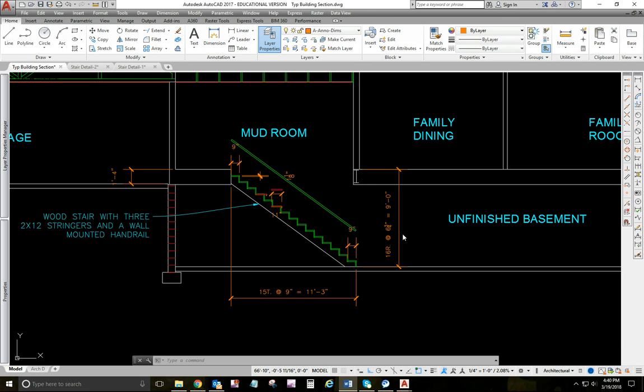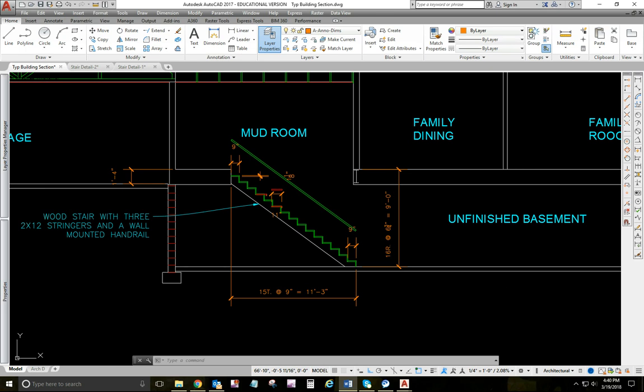So I could have a tread depth of anywhere from 9.8 to 10.8 inches, and that works with a 7.2 inch riser. Now I do the same for the 6.75, and I come up with 10.25 and 11.25. So with a shorter riser height, I can have a wider tread. And that's the way the ratios of all of these things work.